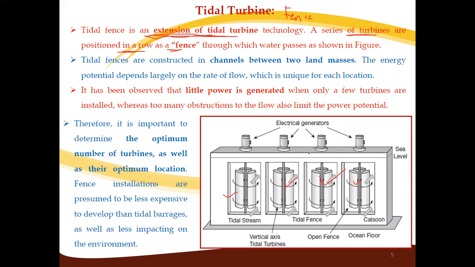So it is an extension of the tidal turbine where a series of turbines is used and forms a tidal fence. Tidal fences are constructed in channels between two land masses.